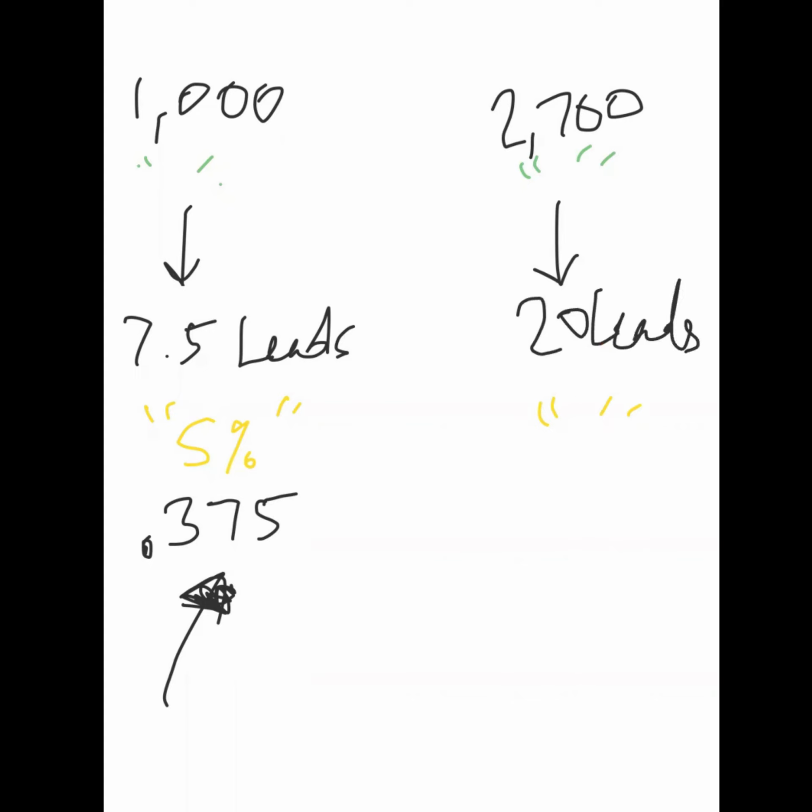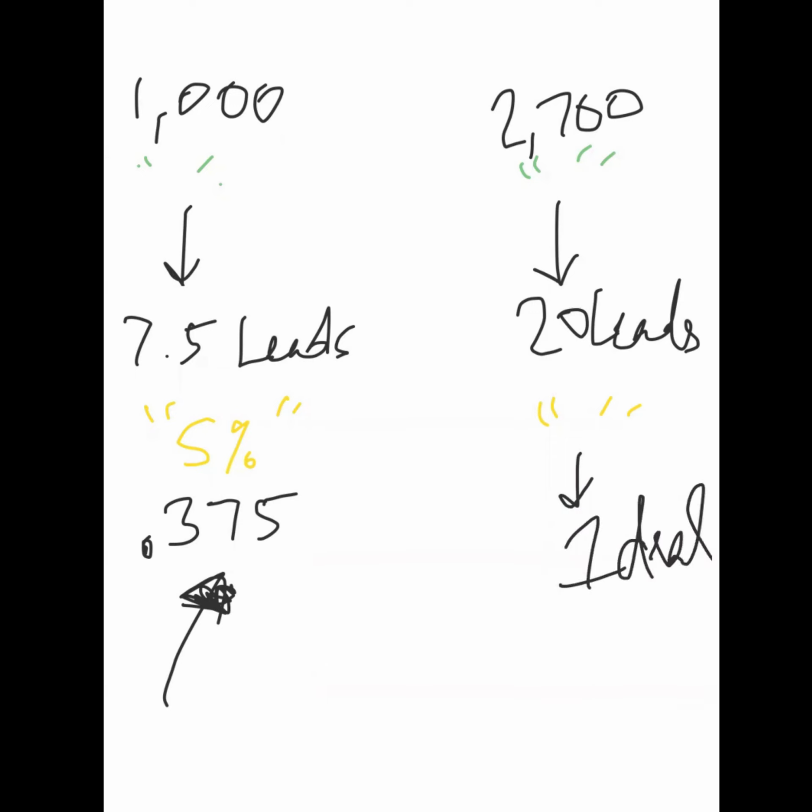These are people that have responded to your marketing and have some interest in selling. You make 40 offers to 20 leads, so you're making 2 different types of offers: a financing offer and a cash offer. You're only going to have a 5% acceptance rate, and that's going to take you to one deal.